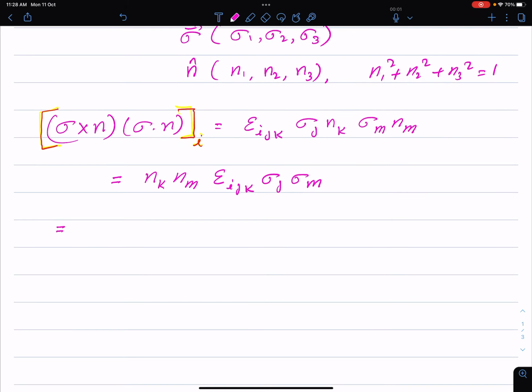So epsilon i j k sigma j sigma m is delta j m identity, that is, j is equal to m, it is identity operator, plus i epsilon j m l sigma l. Okay, so let us put l, because l we have not used earlier.